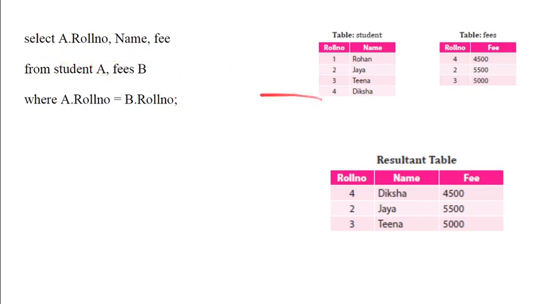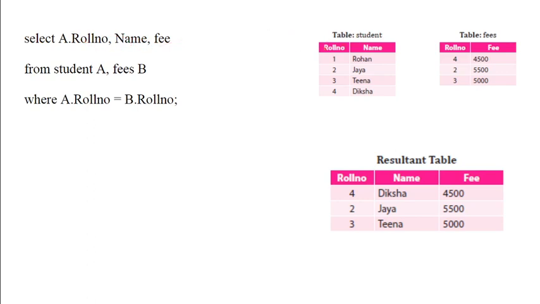We can write the equijoin as select, here the table student is given an alias name called A. Either we can give an alias name or we can directly use the table name student itself. So we can write select student dot roll number comma name.